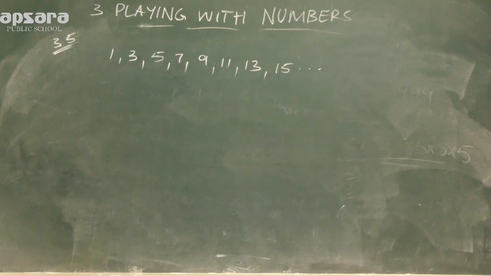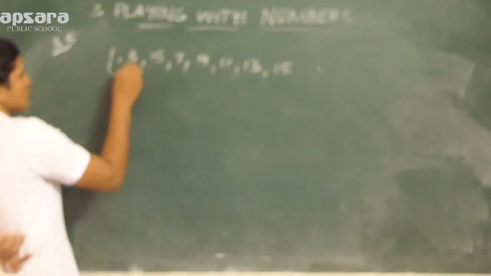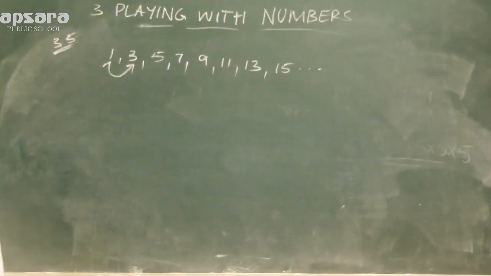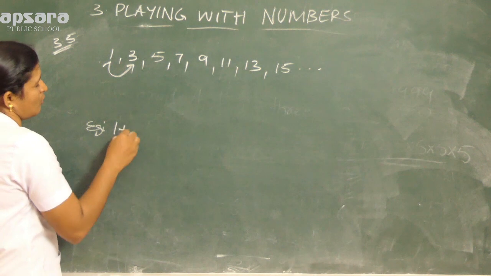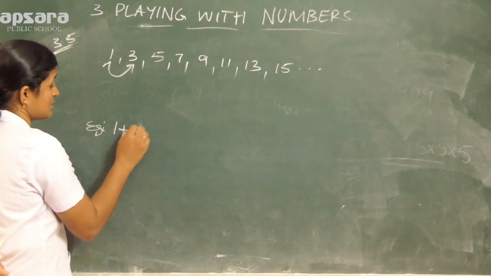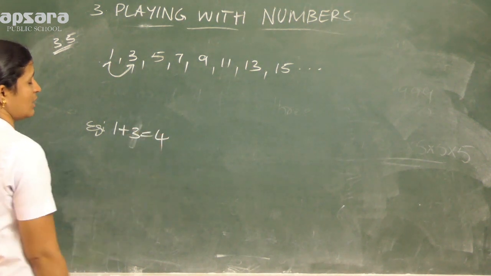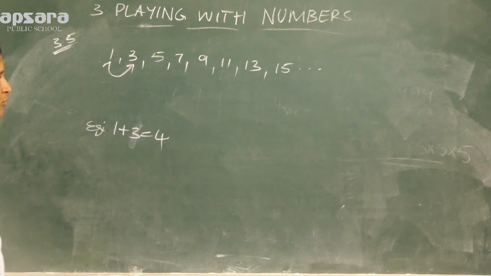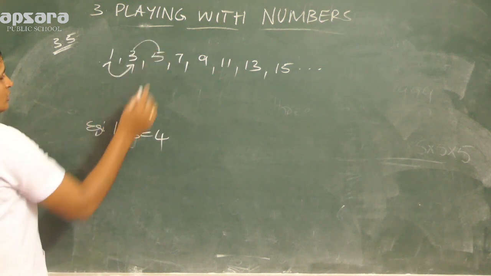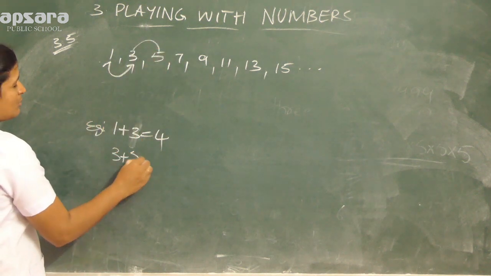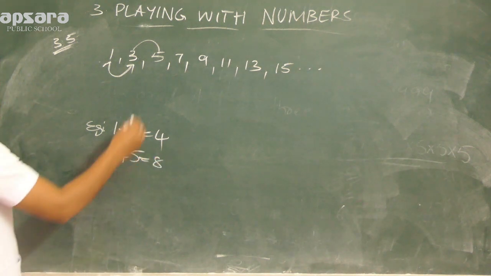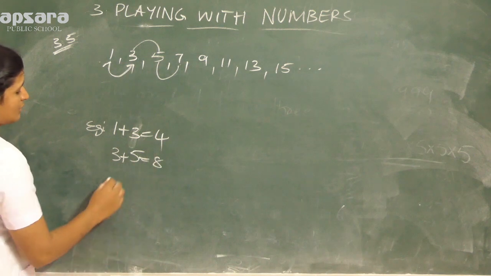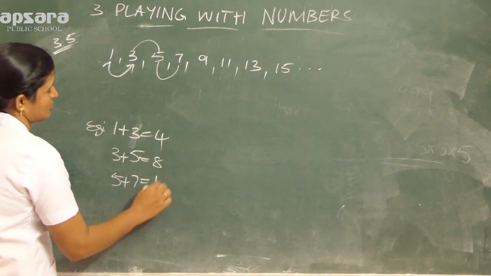So, this is the question. Add two consecutive odd numbers. The sum is always divisible by 4. Let us check. For example, 1 plus 3 is 4, right? 4 is divisible by 4. Now take 3 and 5. 3 plus 5 is 8. Yes, 8 is divisible by 4. Take next 5 and 7. 5 plus 7 is 12.